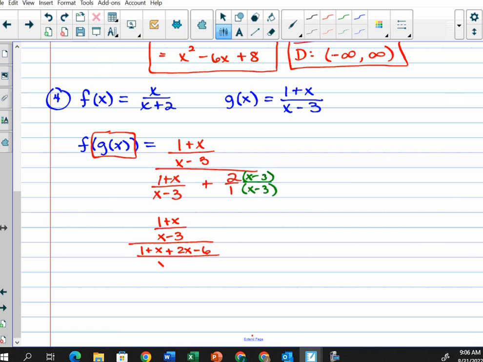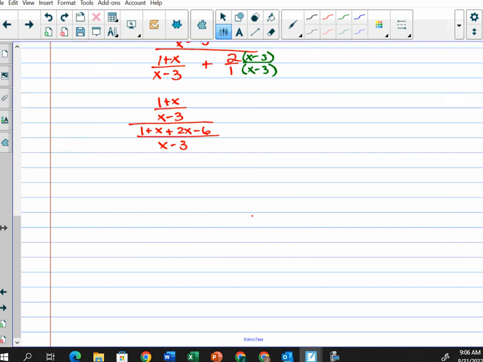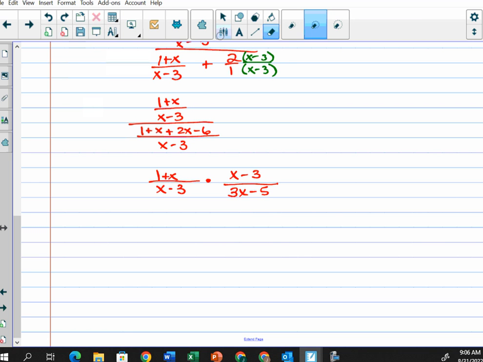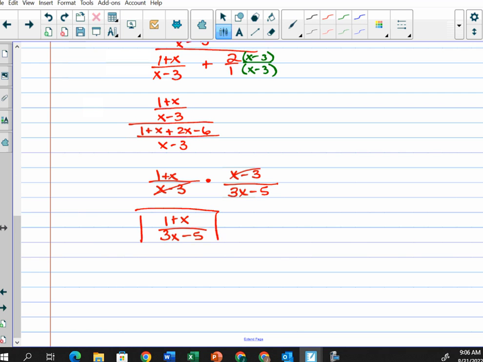I'm going to simplify and flip all at once here. It's the smart way. It's x plus 1 over 3x minus 1. And yeah, you can say x plus 1 instead of 1 plus x. Totally fine.